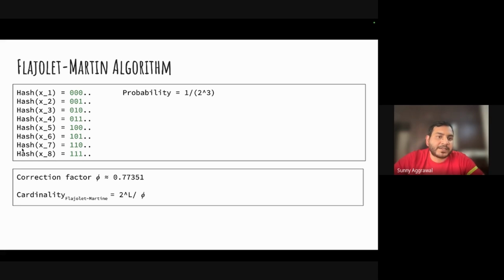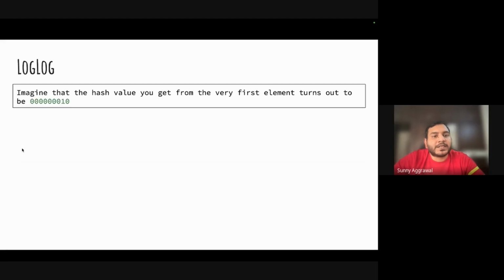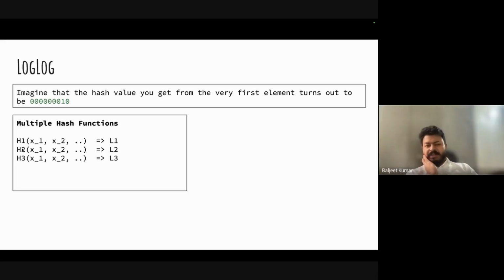Let's say it ends up generating a very low number for one particular value. Let's say the very first element turns out to be 0, 0, 0, 0, 0, 0, 0, 1, 0, basically 7 zeros. Then it will skew your data, and the output that you get via this algorithm will not match your data set. So the hash is very critical here.